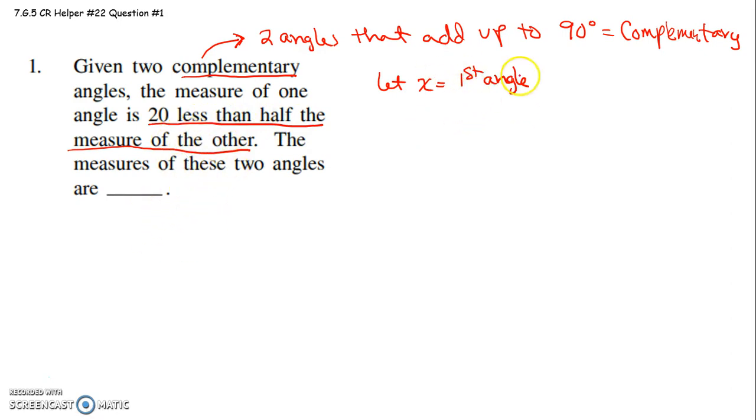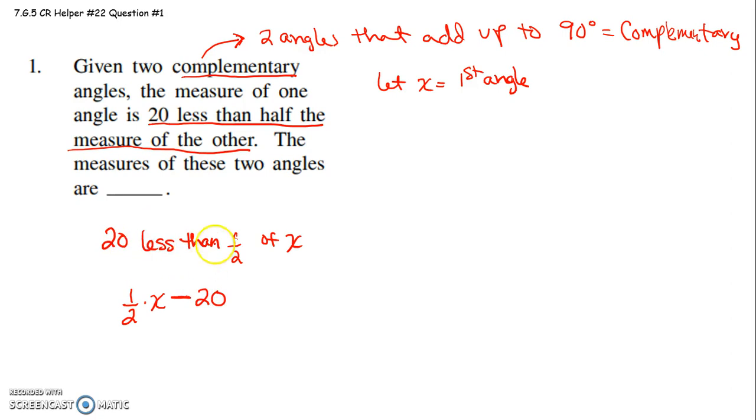So I'm going to call the other angle X. If I have 20 less than half of X, half of X is 1/2 times X, minus 20.